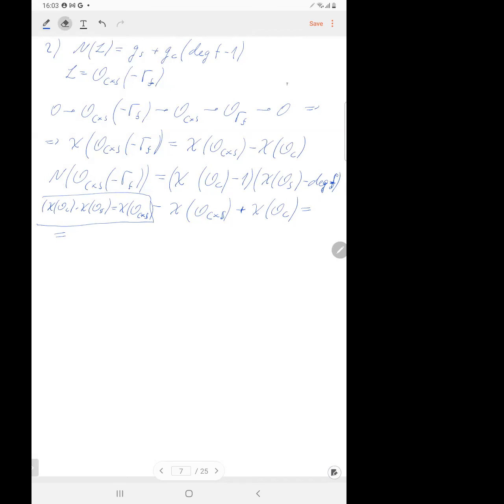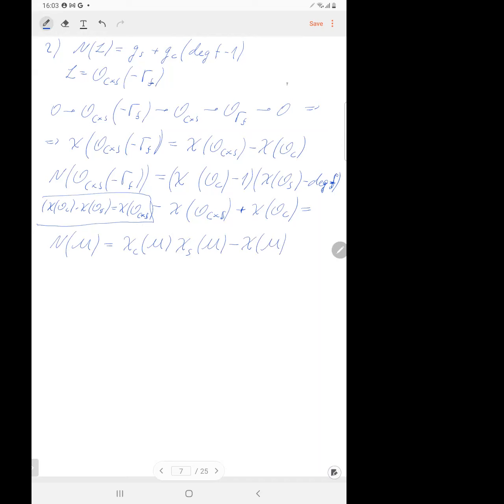The defect of anything M is the Euler characteristic along C times Euler characteristic along S minus the Euler characteristic on the whole surface.